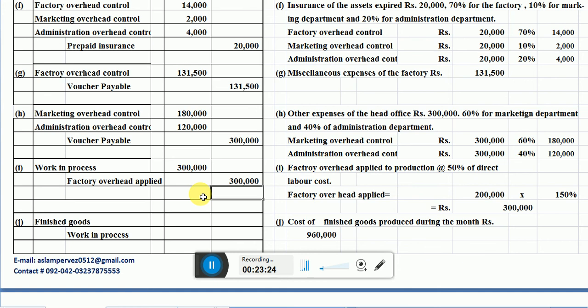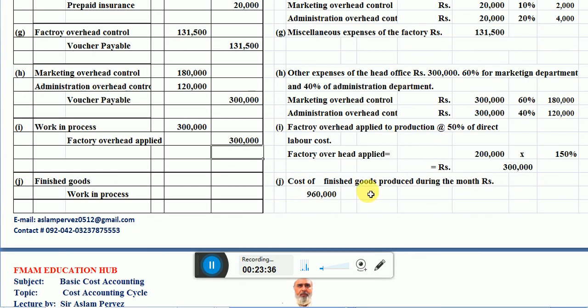Now students, this is the transaction against the factory overhead applied, which is charged to the production as the working process here. Now we move to the next transaction, cost of finished goods produced during the month, 9,60,000 rupees.